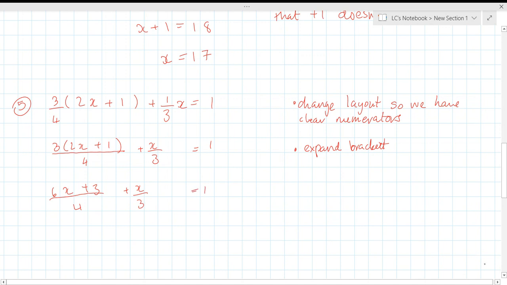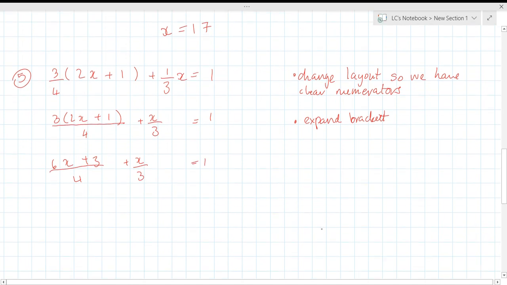Okay. Then what I'm going to do now is tidy this up by making a single fraction on the left hand side. How do I do that? I need a common denominator.